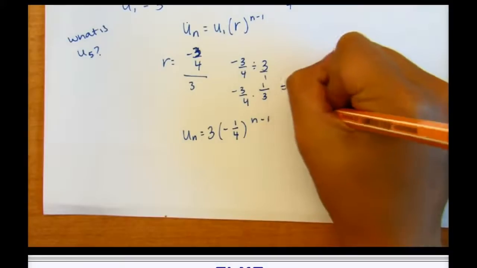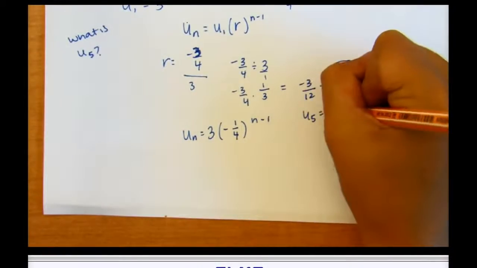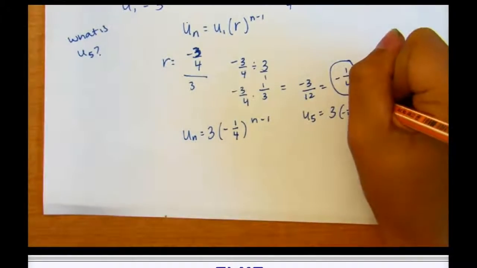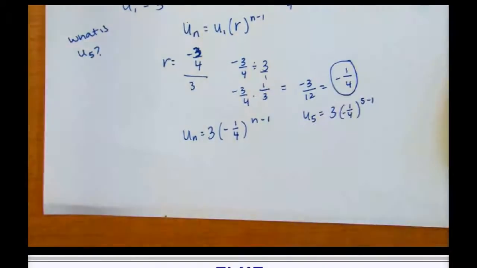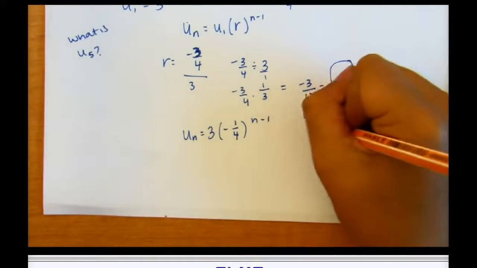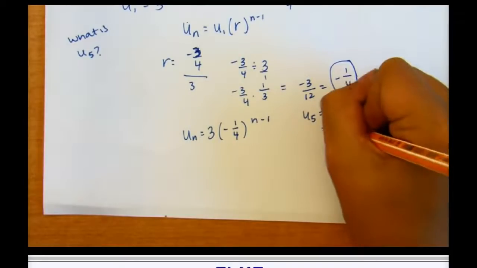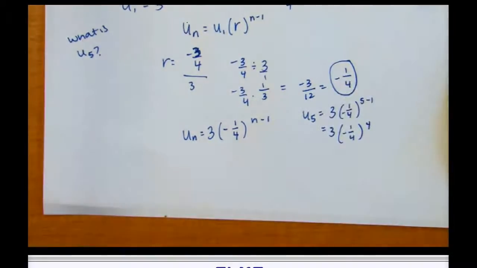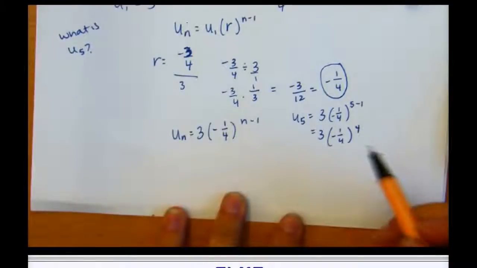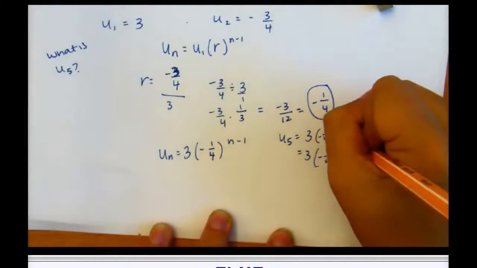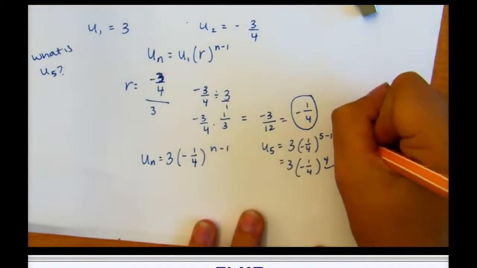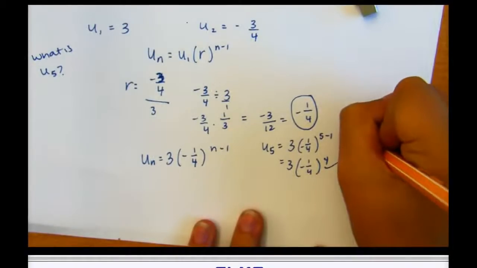So u sub 5 is equal to 3 times negative 1/4 to the 5 minus 1. That's going to equal 3 times negative 1/4 to the 4th power. When I have negative 1/4 to the 4th power, if I expand that out, I'm going to have negative 1/4 times negative 1/4, 4 times.